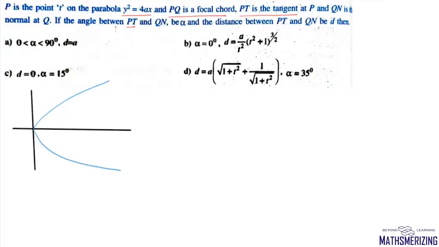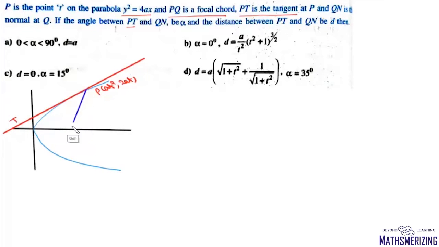Now P is any point on this parabola, which is at1 square, 2at1, and then we'll draw a tangent at this parabola. So PT is tangent at P. Now it also says PQ is a focal chord.